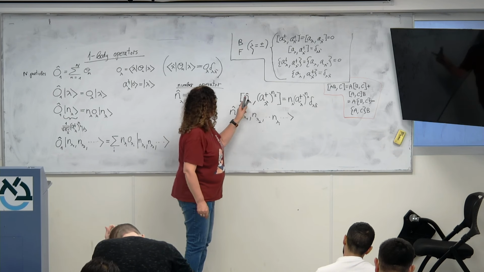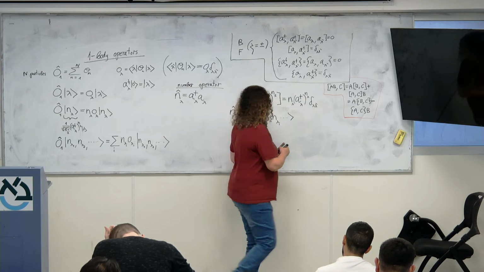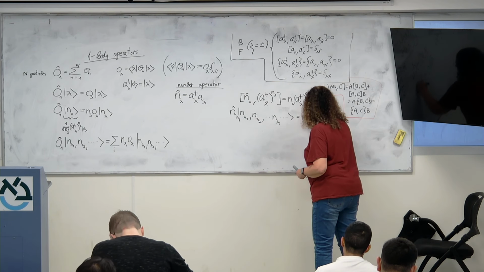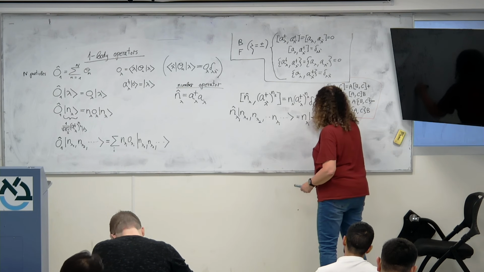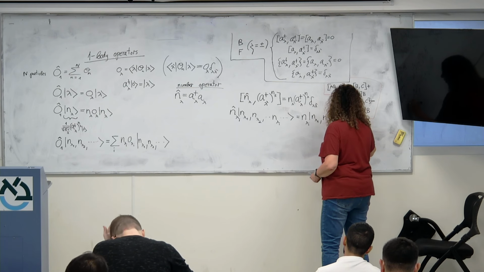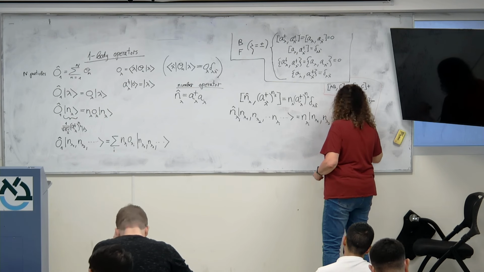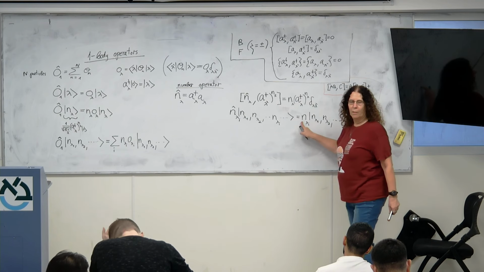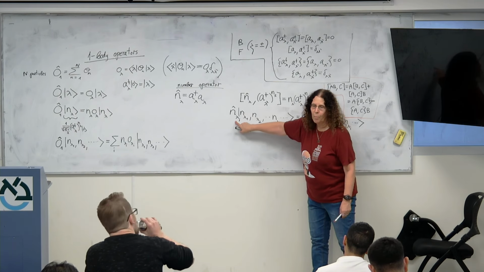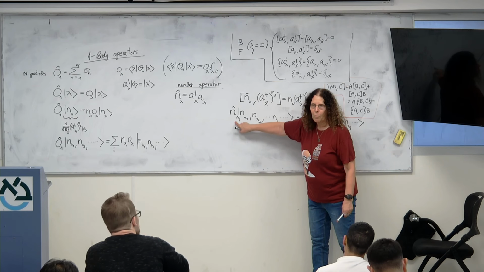And then if I use this commutator, I see that I'm going to get just n_λi, just the occupation, times the state. So it is exactly the same state multiplied by the occupation of this particular quantum number. Okay?